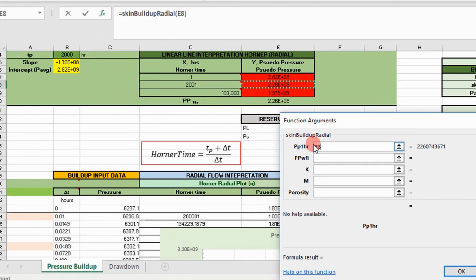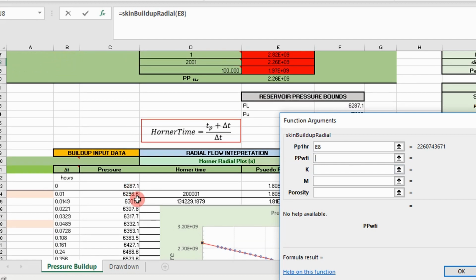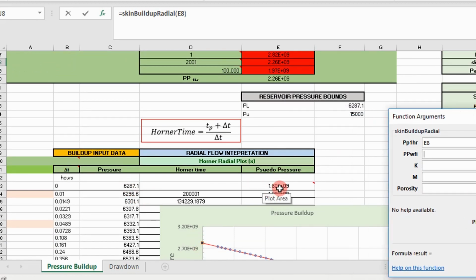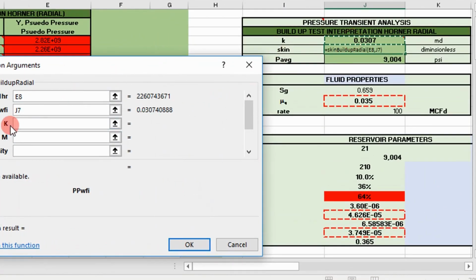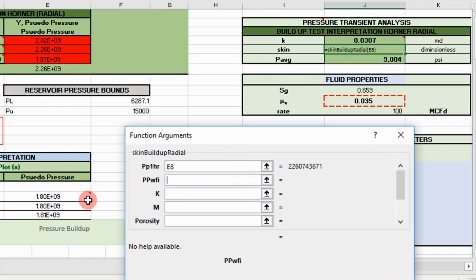And so skin buildup. So it takes that pseudo pressure at 1 hour, and then our initial well flowing pressure, which is coming from our data. So this is at time 0 coming from our data. So that other point came from our line. This is coming from our data. And then it's going to take permeability. Well, shoot, I screwed up there.